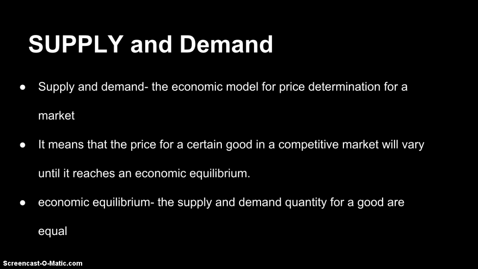An economic equilibrium is a supply and demand quantity for a good that is equal. So that basically means that the supply and the demand are balanced, and the price is a balanced price, whatever.